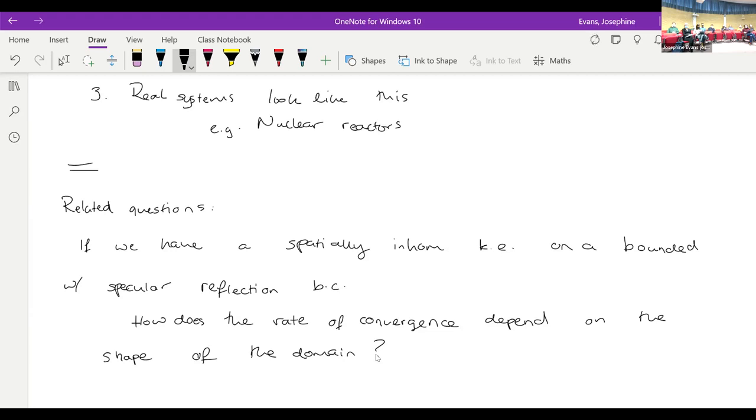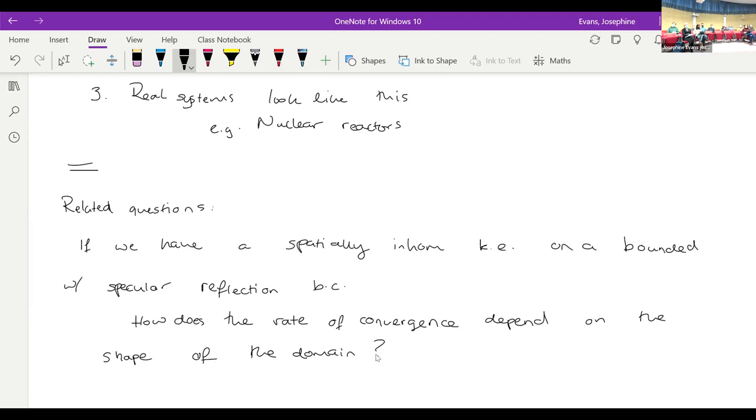So if you have a kinetic equation, if you want to do Faber-Krahn but kinetic, you want to know what kind of shape of domain would maximize the spectral gap, or the rate of convergence to equilibrium.